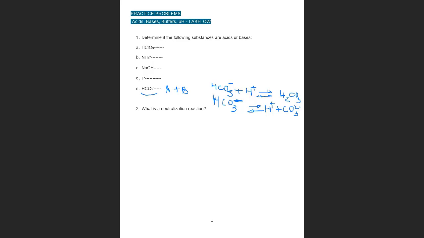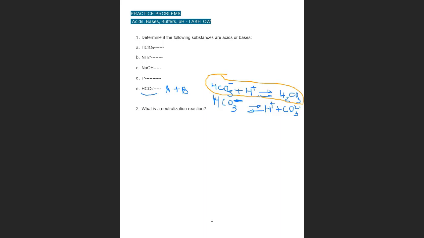So in the first case, is it an acid or is it a base? Bicarbonate, in the first chemical reaction, is acting as an acid or acting as a base? Base.